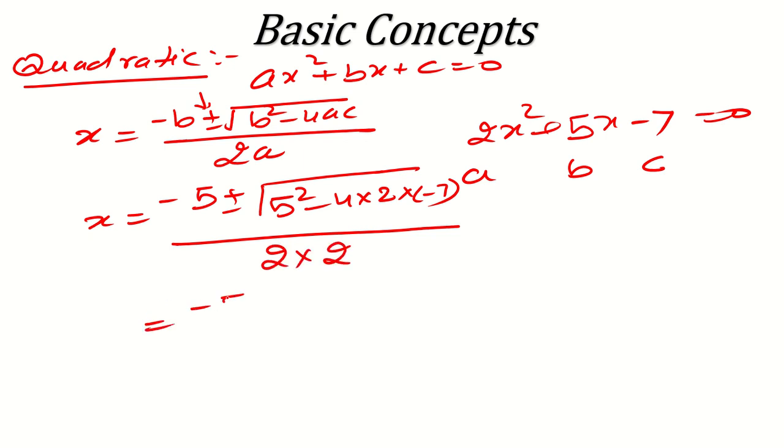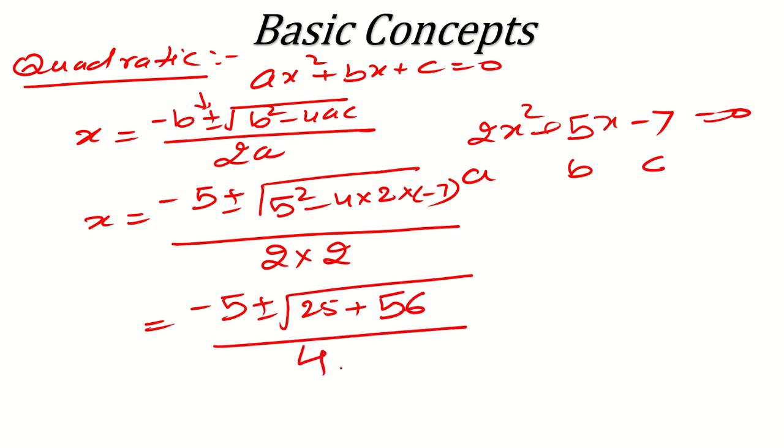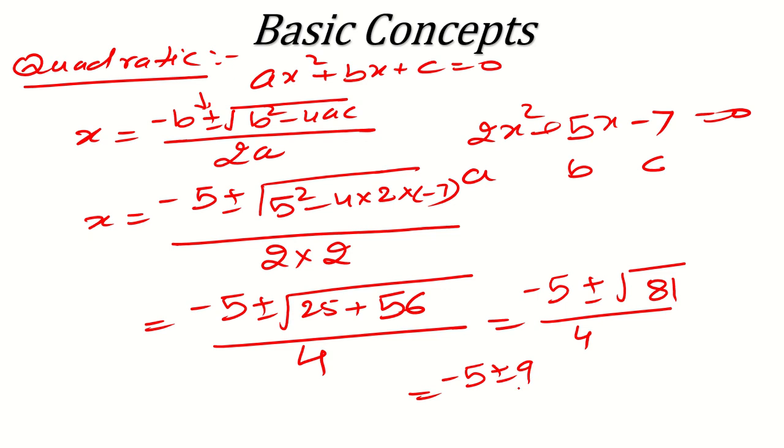So this is minus 5 plus minus under root 5 square, which is 25, minus times minus will be positive, 4 times 2 is 8, 8 times 7 is 56, divided by 4. That is minus 5 plus minus square root of, I think 81, just check the calculation. And the square root of 81 is 9, over 4.